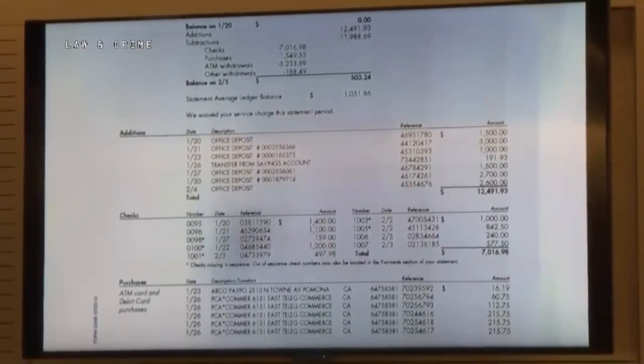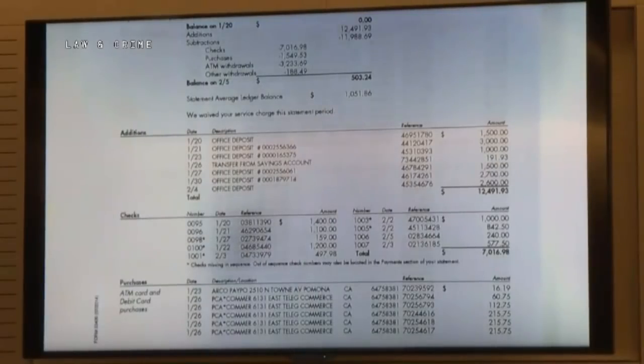We see a category labeled purchases there. Do you see that? Yes. What can you tell us about the purchases from 126 on that particular page of the bank statement? We see a PCA, Commerce. Okay, so those purchases are using an ATM card or debit card, and it is at the Commerce Casino, and it gives the address of 6131 East Telegraph. It's TELEG, but it's Telegraph.